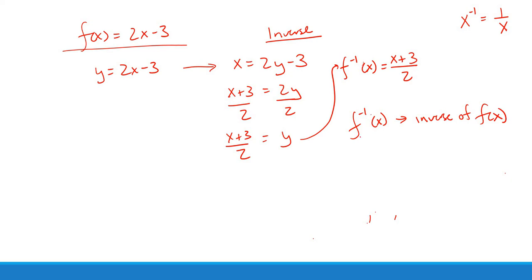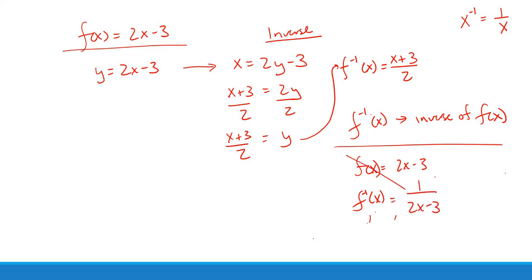It is a notation, not an exponent. You don't have to put all of this in your notes, it's just a reminder: when you see f of x equals 2x minus 3, that does not mean that f inverse of x is 1/(2x minus 3). This is not true.